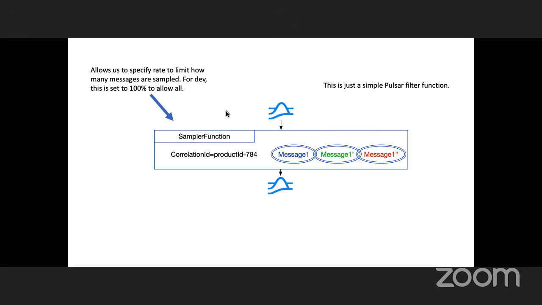Also, let's say you're sampling 1% of messages. It's going to be biased in favor of high velocity topics. So there might be cases where you want to turn down the sampling, to maybe 1/100% for a very high volume topic, and then for other topics, maybe you want to capture 1 or maybe up to 10%. It just depends on your use case. So the sampler function could be simple or it could be more complex depending on your requirements.